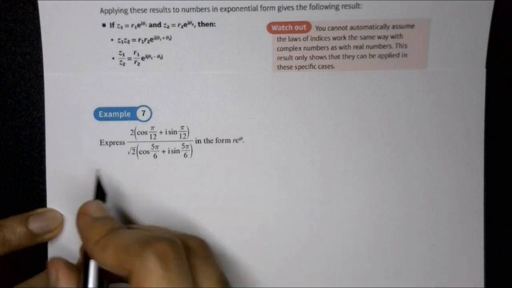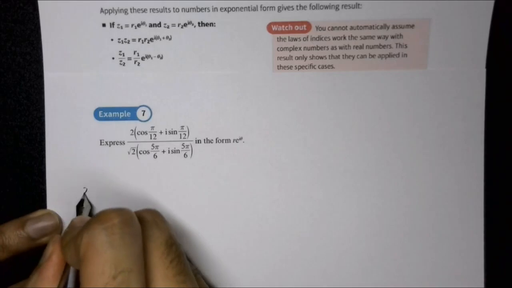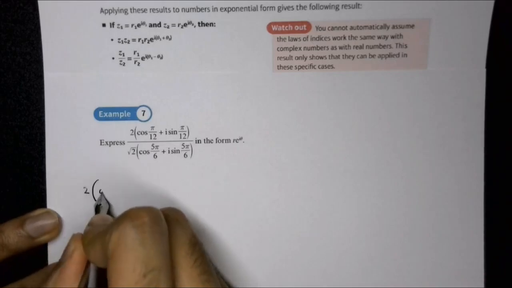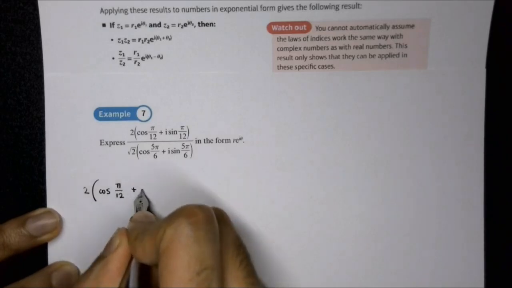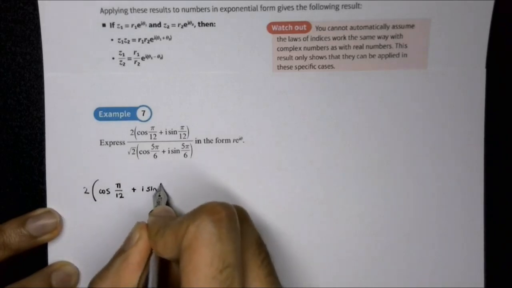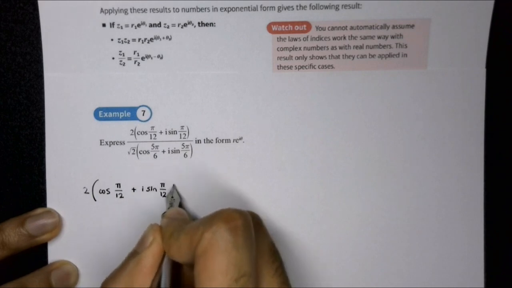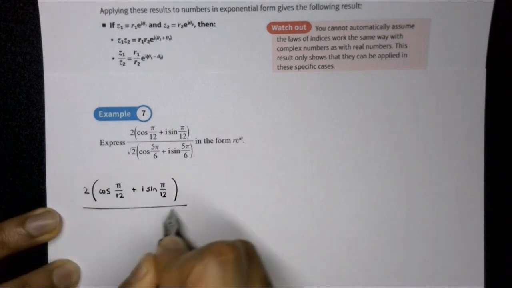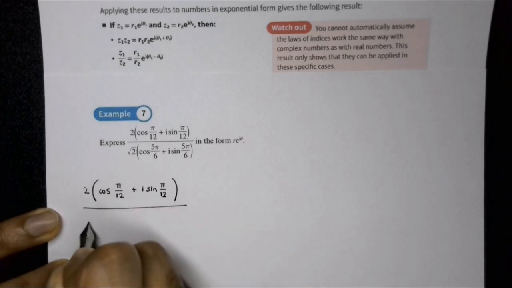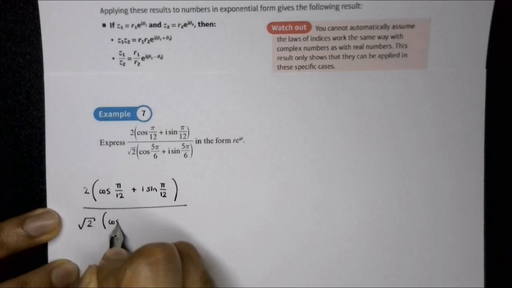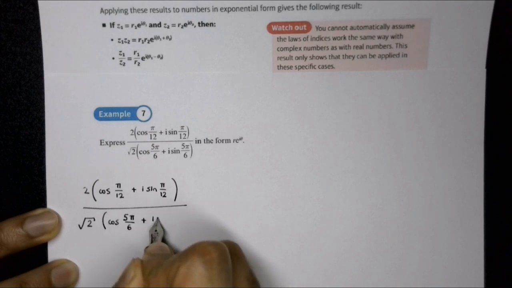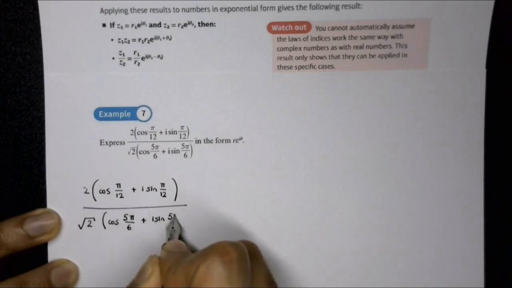So to do this question, we begin with 2 times the cosine of pi over 12 plus i times the sine of pi over 12, divided by root 2 times the cosine of 5 pi over 6 plus i sine of 5 pi over 6.